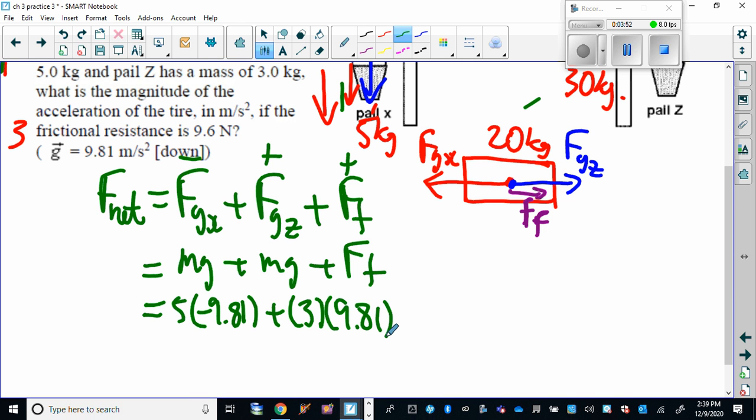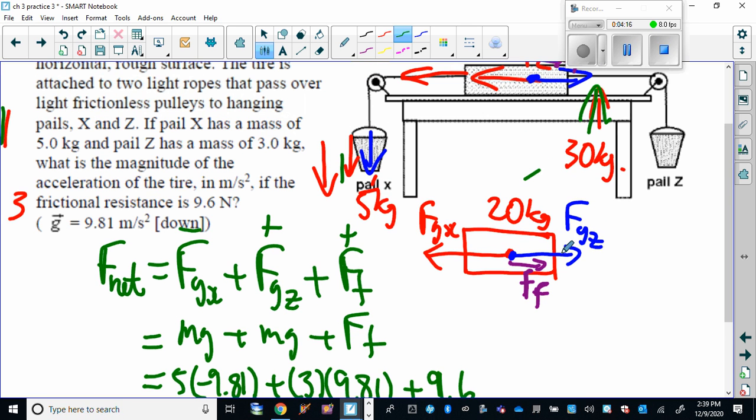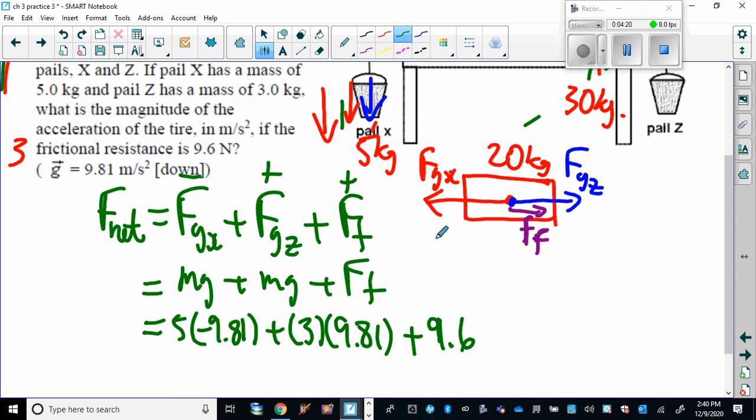Yes, you must make that positive because if we designated the first one as being negative, the other force is going in the opposite direction, so therefore it must be positive, which is a little counterintuitive having a positive 9.81, but that's the way we must do it, plus a positive 9.6, because once again, we designated those two directions, the blue one here and the purple one here, as being positive, and the red one over here is negative.